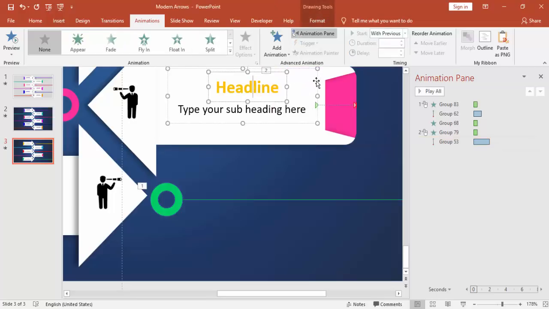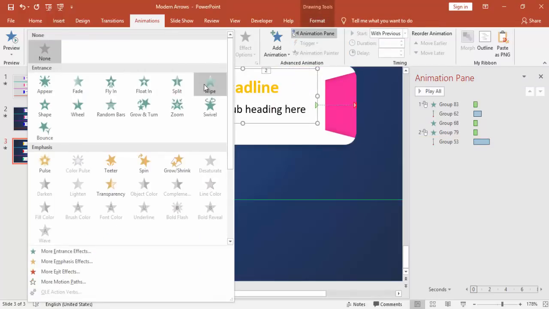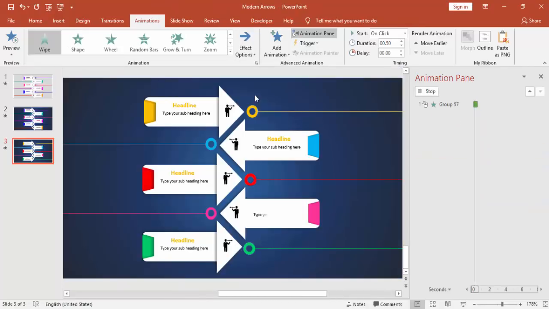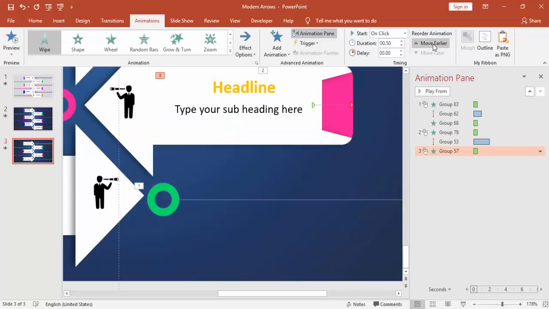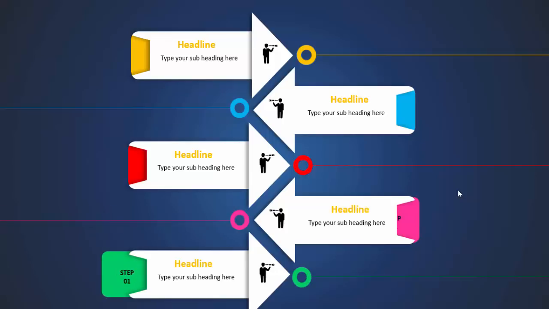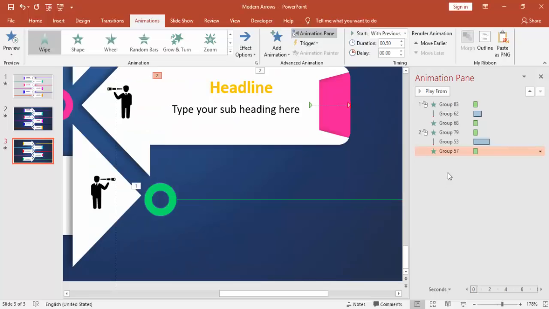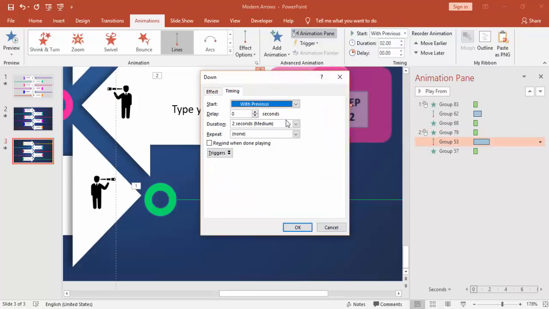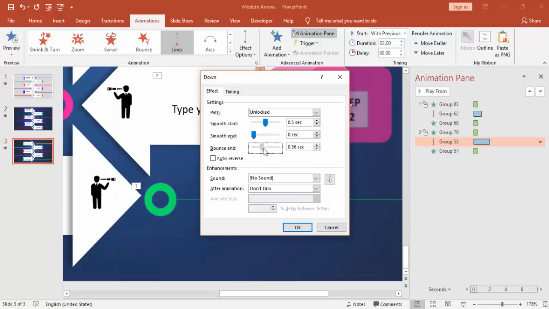I'm not going to show all, I've just shown 2, and you can do the remaining ones. This first one and the second one, I'm just going to change to fast and adjust the settings.